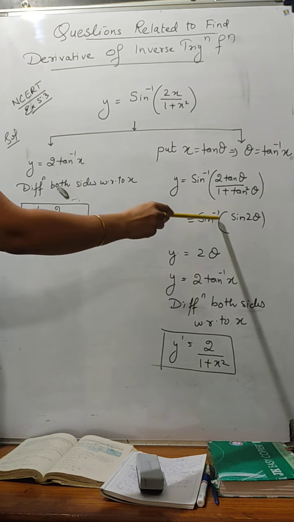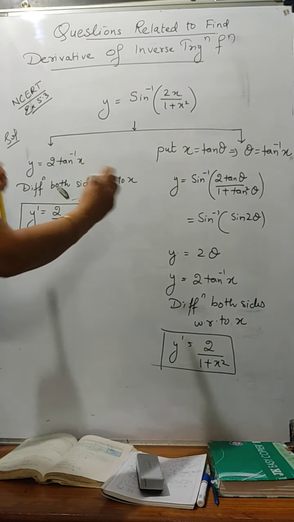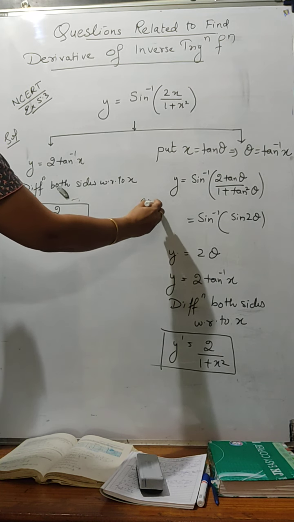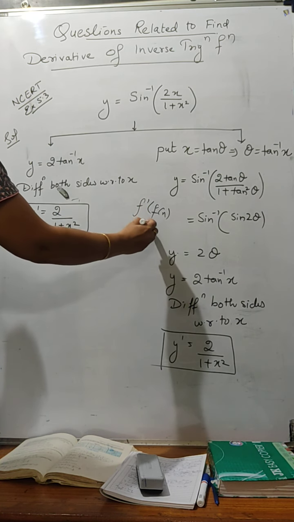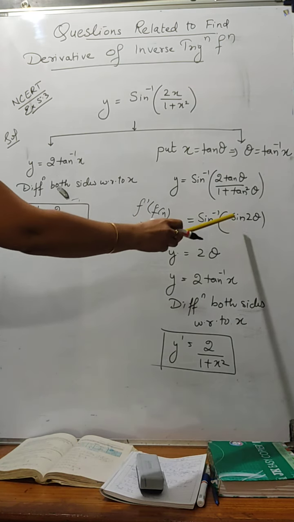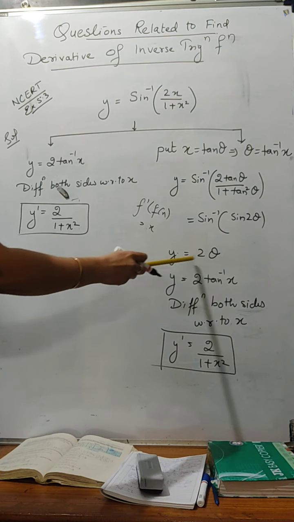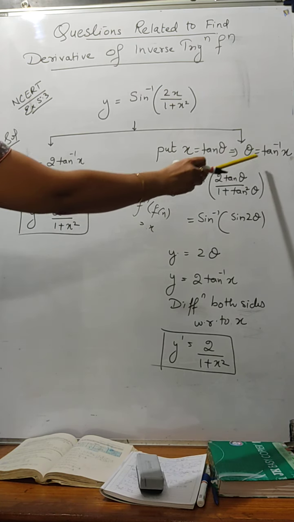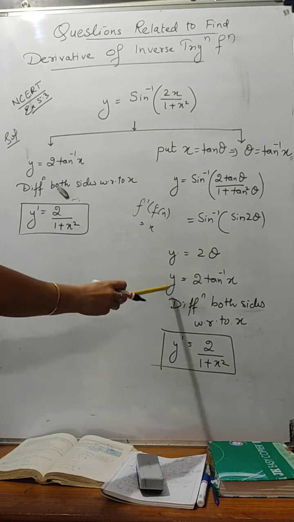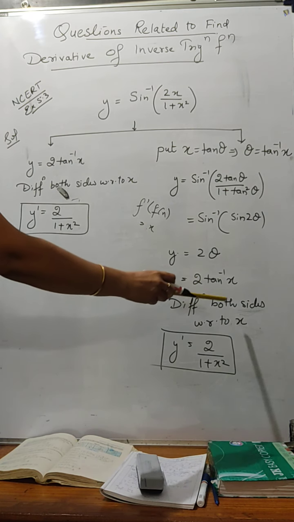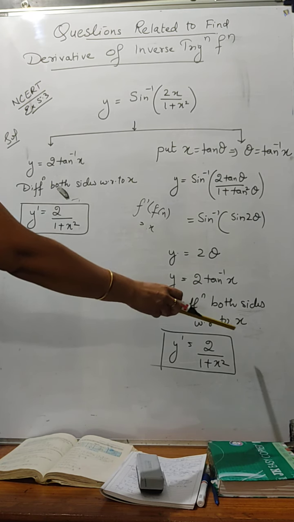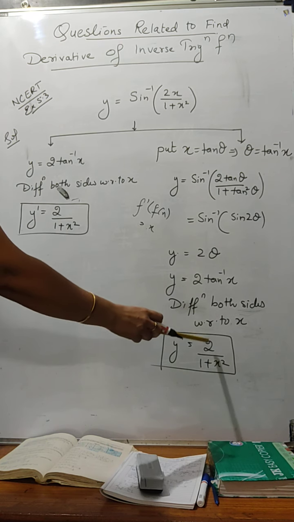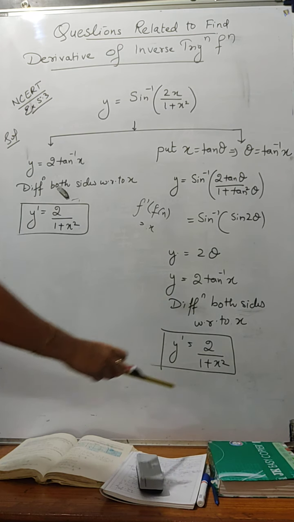Now sine inverse of sine 2 theta is of the form f inverse of f x, which will be equal to x. So it will be 2 theta, and theta will be replaced by tan inverse x. So y equal to 2 tan inverse x, differentiating both sides with respect to x, that is y dash equal to 2 upon 1 plus x square.